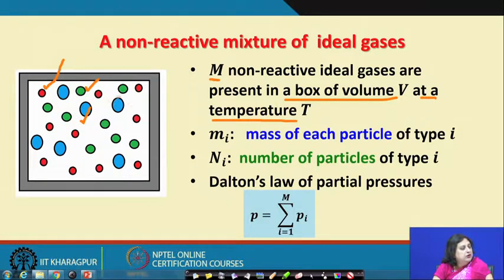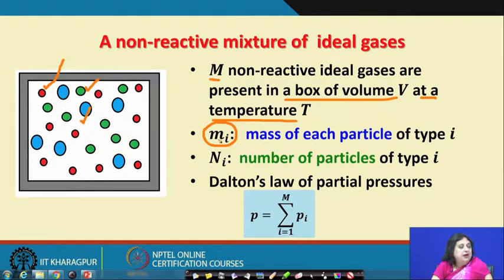Now, since this box is surrounded by a rigid impermeable wall, I would say that the thermodynamic state of the mixture is very well represented in terms of the canonical ensemble. Now, here let me adopt this notation that Mi is the mass of each particle of type i, which means in my case i varies from 1 to 3.